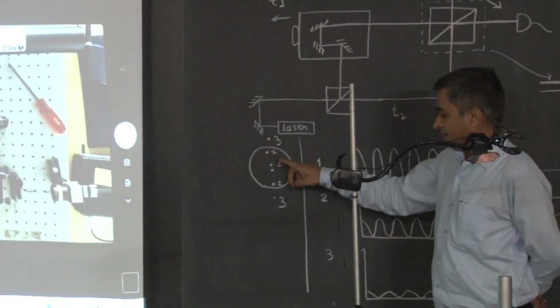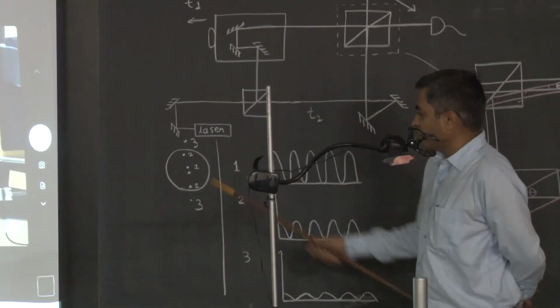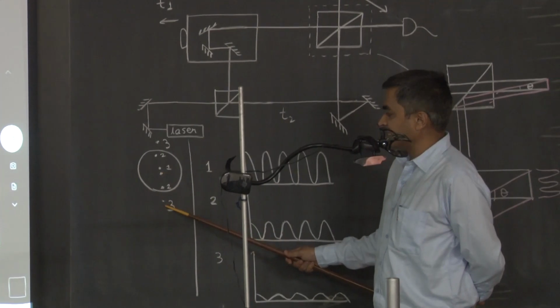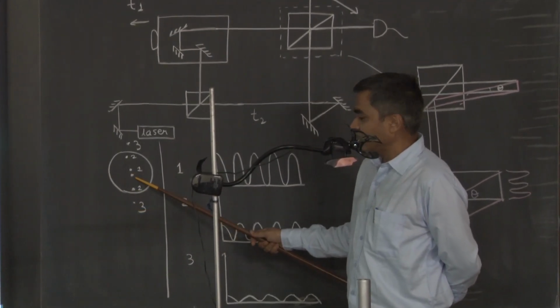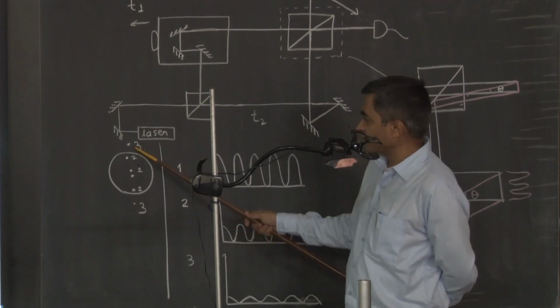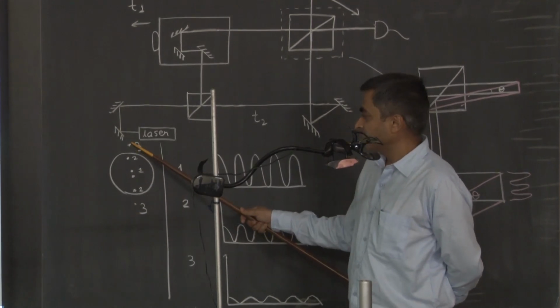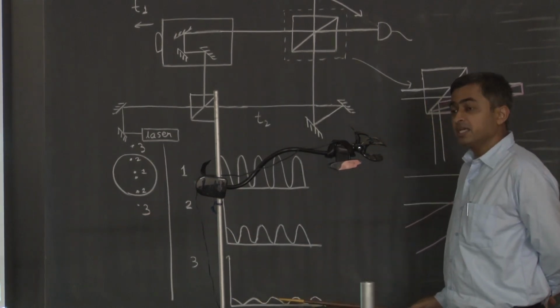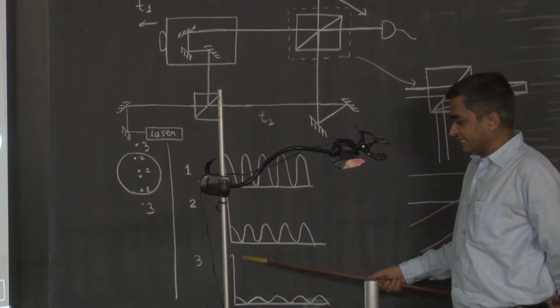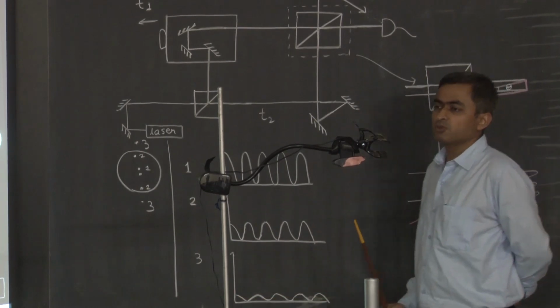If you have a Gaussian beam, and you go on this side plus minus 3 sigma, then this intensity can be 100 times smaller. This point will be 100 times less intense. But if you interfere these two points, the visibility will still be 100%. But of course, the intensity will be 100 times smaller.